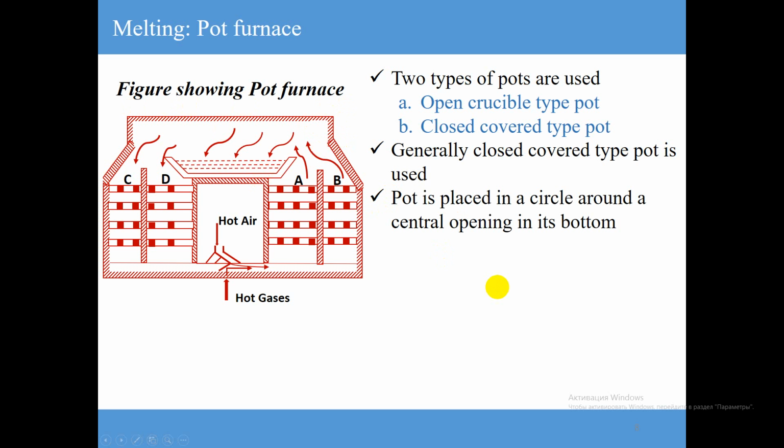The pot is placed in a circle around a central opening in its bottom. It is heated by burning producer gas and air.